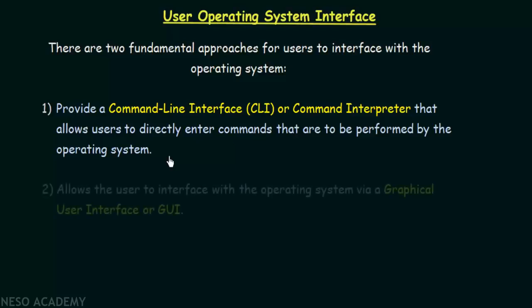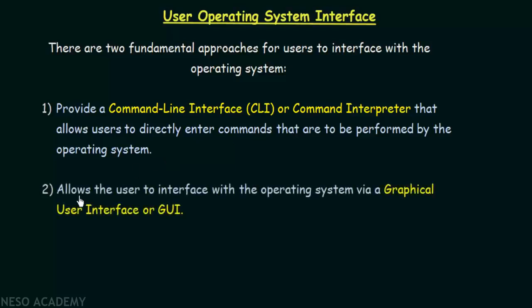And then the second approach is to allow the user to interface with the operating system via a graphical user interface, or GUI. The graphical user interface is the most commonly used as well as the most user-friendly kind of user interface, which you usually use in your day-to-day life.